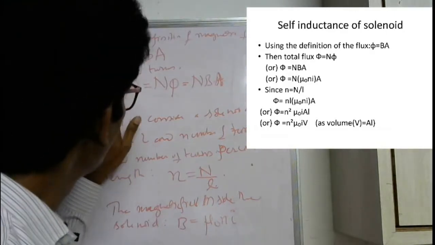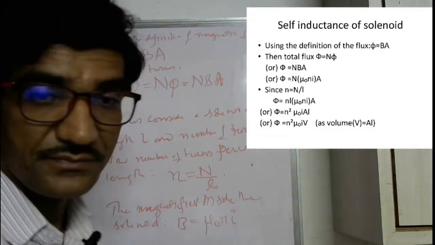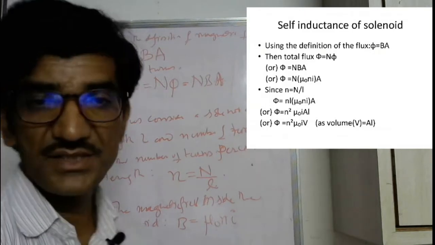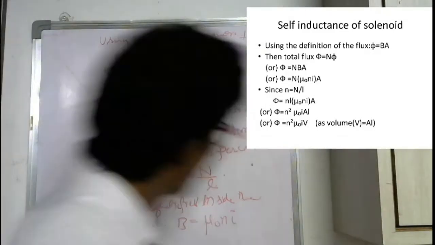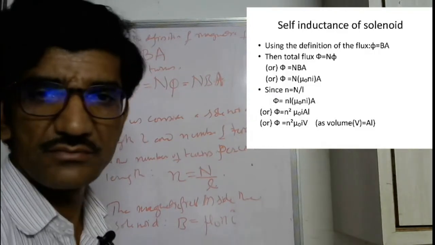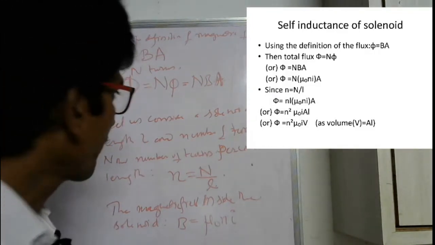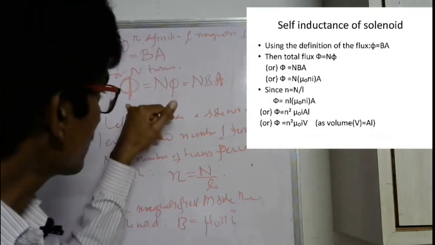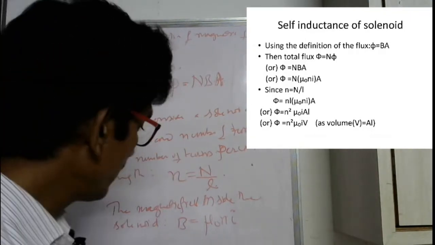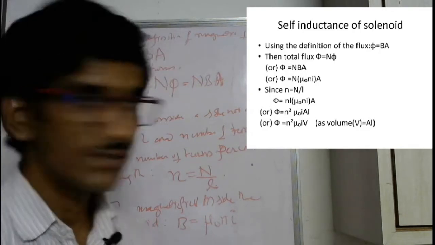So the total flux is equal to NBA, or you can write this as NAB. Now you have the total flux within the solenoid and the magnetic field.